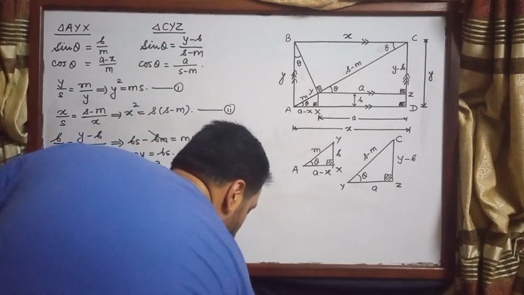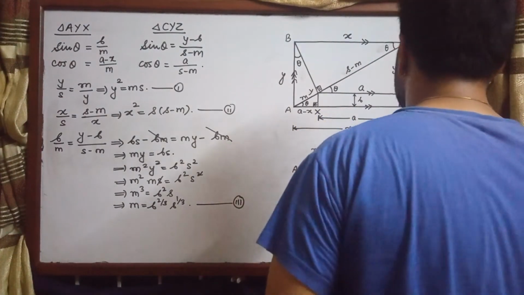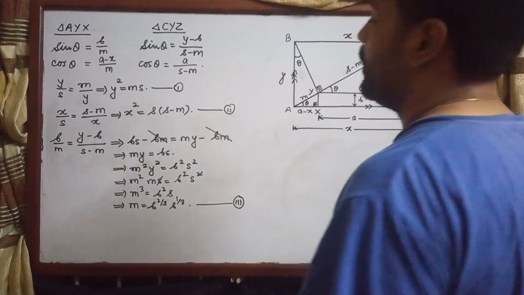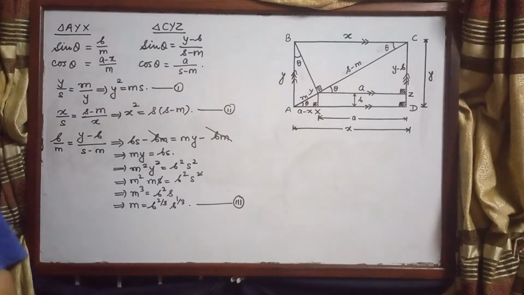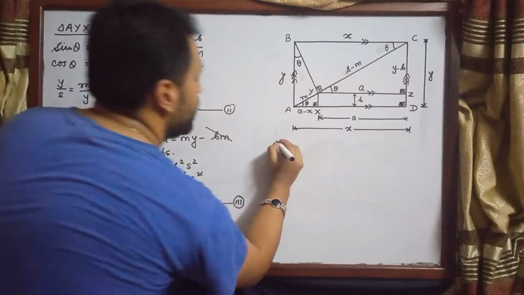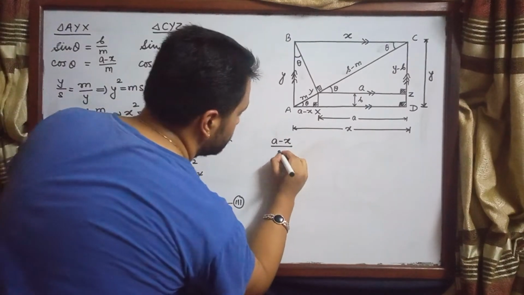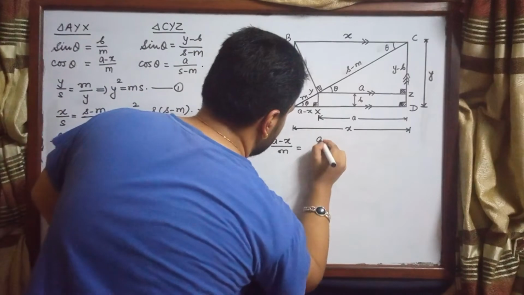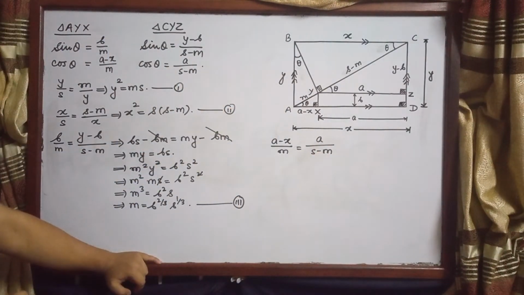Now, to obtain another equation, we're going to use the two values of cosine. Okay, the two values of cosine, which means we're going to get a minus x over m to be equal to a over s minus m. All right.